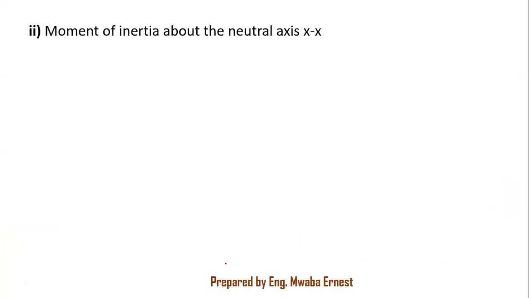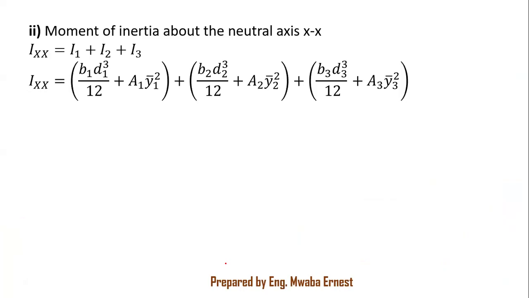What is the moment of inertia about AXX? We add the moment of inertia for the first shape plus the second one plus the third one. What we are doing is getting BD cubed over 12, the standard way of calculating this, then we add the product area times y squared.